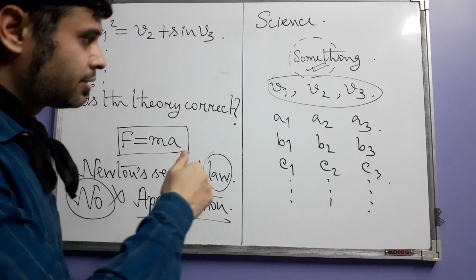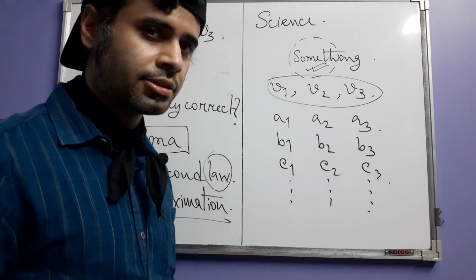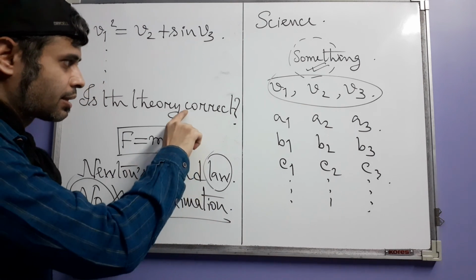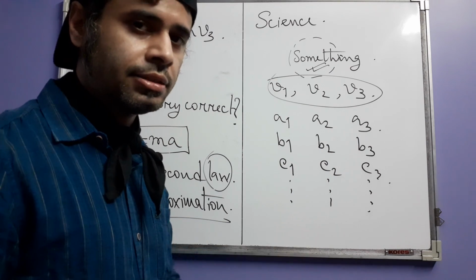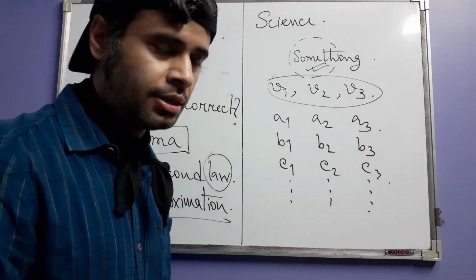So are there situations where this law breaks down? Yes, there are situations. So that's the nature of the correctness of any law in science. It's always subject to revision.